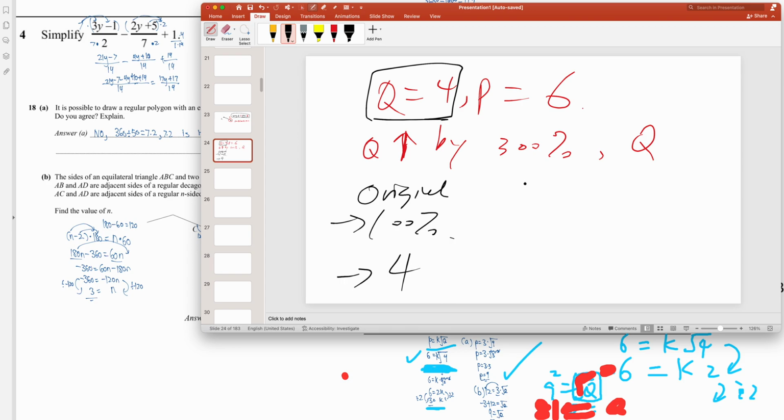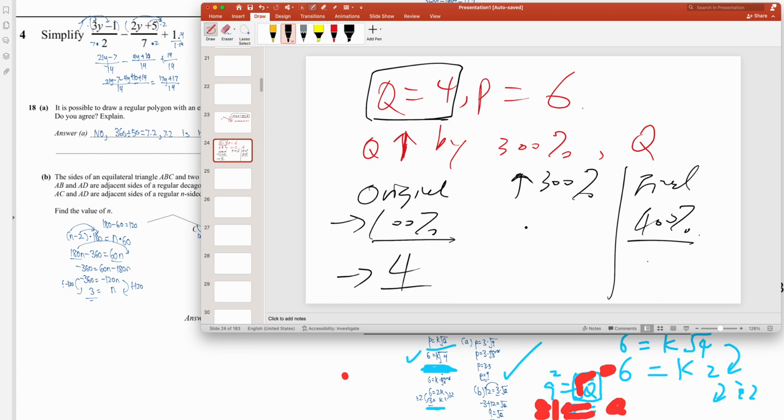Then now it's increased by 300%, so the final is how many percent? 400. Very good. So what's Q after increased by 300%? 100% is 4. 400% is times 4. This one is also times 4. So it's 16, right?